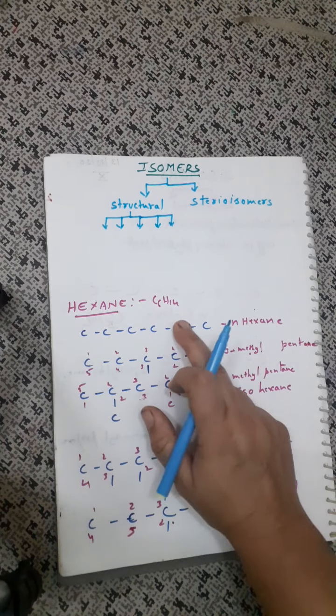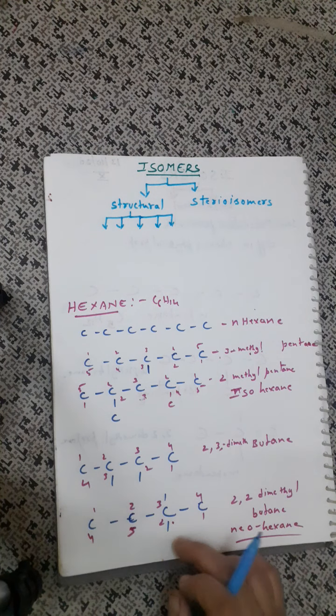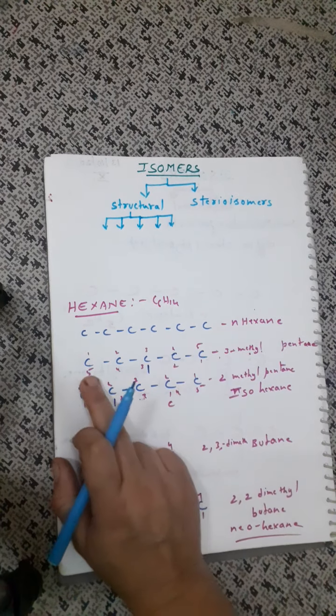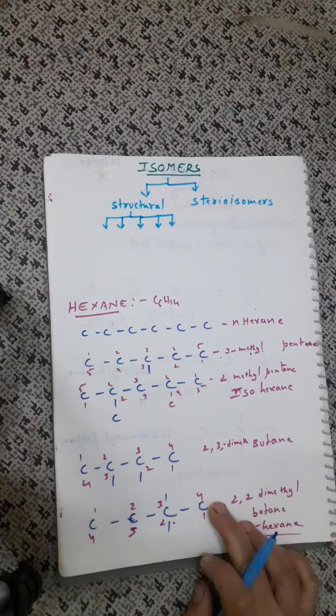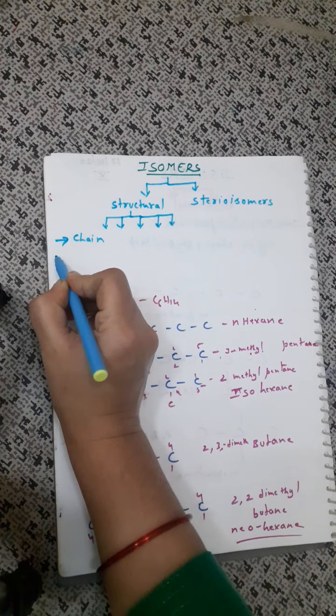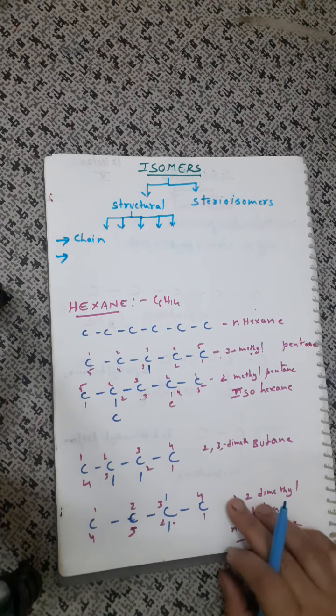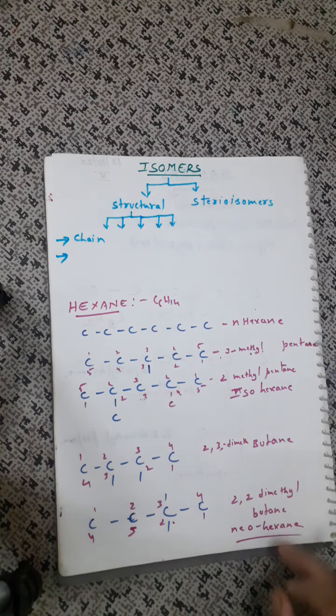The first and the rest of them all differ in the chain, whether it is straight or branched. So the first category you have is chain isomers, under the structural category.